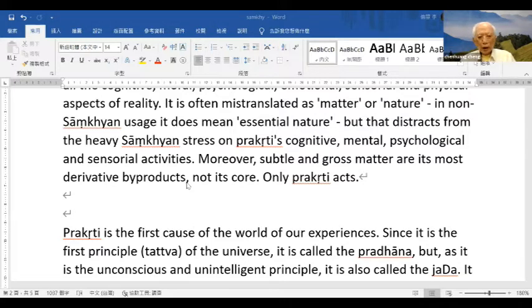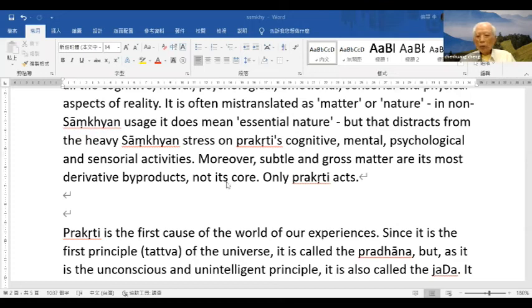The main products are the cognitive activity, mental activity, moral activity, psychological activity, and the sensorial activity. That means that the most important concept of Prakriti in Samkhya philosophy has something to do with consciousness, not with our physical body, or the five subtle elements and the five gross elements. Subtle and gross matter are not its core.